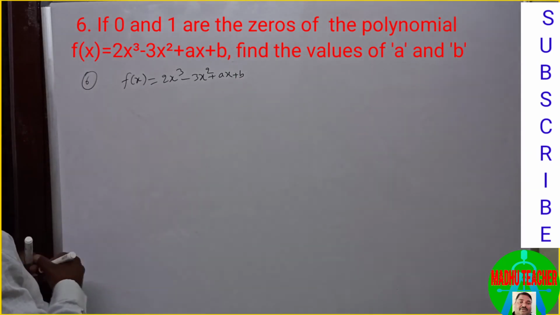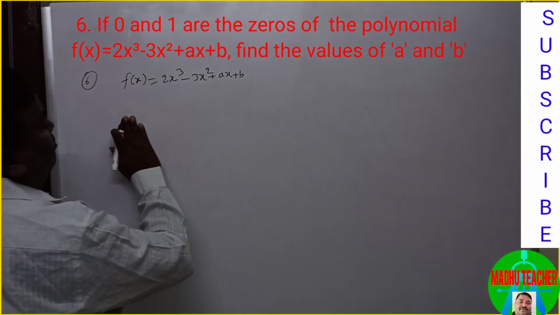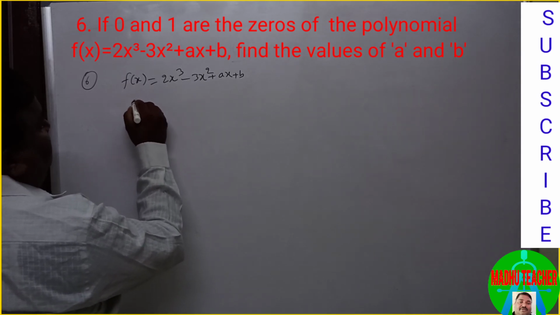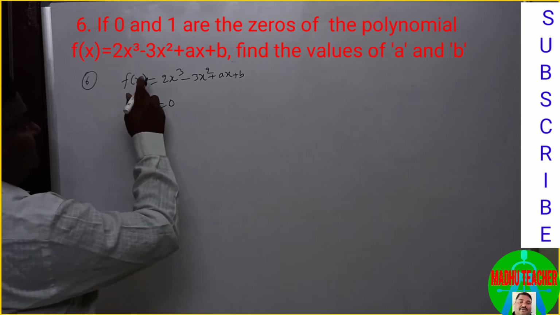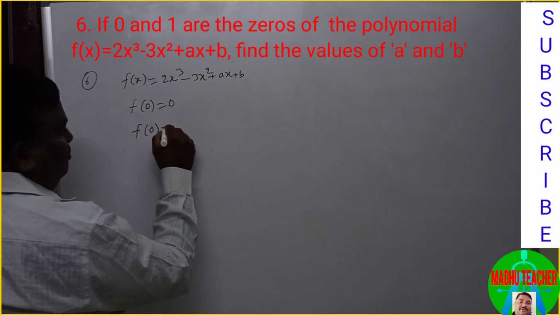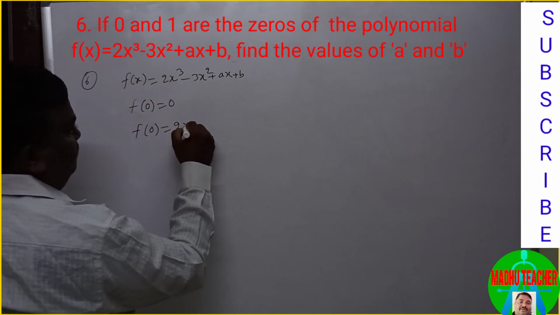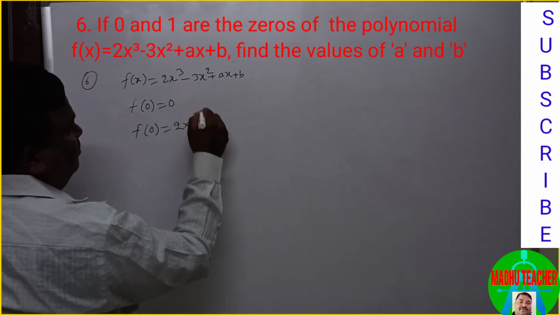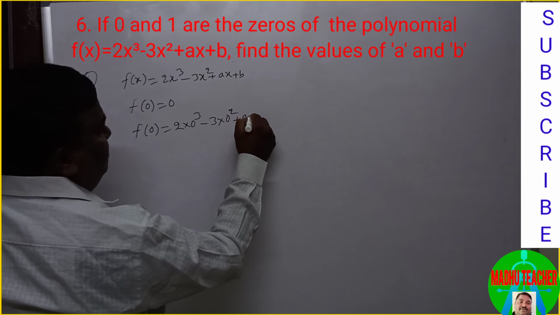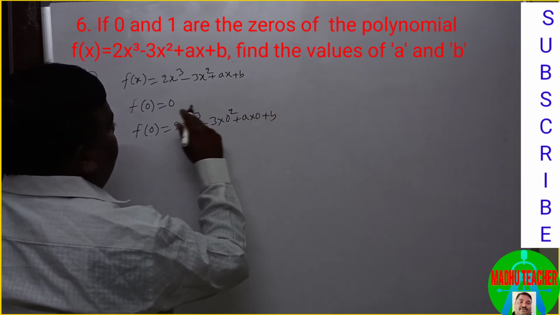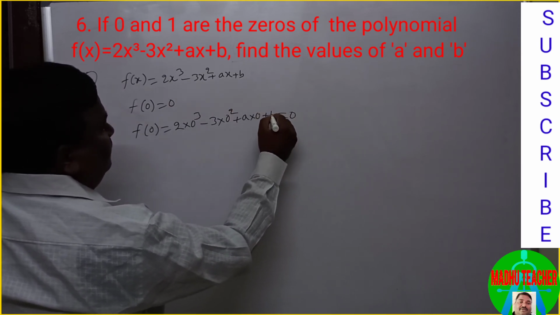So what are the zeros of the polynomial? First one is 0. That is f of 0 equal to 0. So f of 0 equal to 2 into 0 cube minus 3 into 0 square plus a into 0 plus b equal to 0.